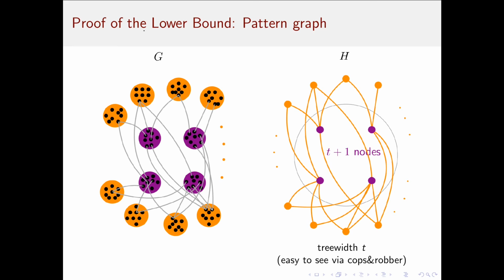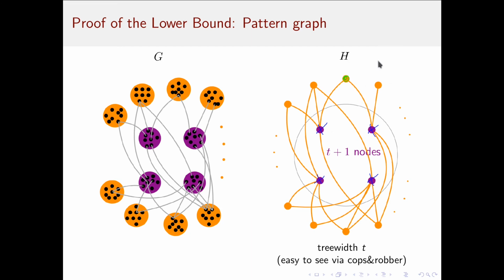Okay, we're going to do that via the cops and robber characterization of Treewidth. So we have t plus 1 cops, which we can put on the graph, and we want to catch a robber. And what we can do here is that we can place our t plus 1 cops on our central nodes here, and then no matter where the robber starts, they will be surrounded by cops.